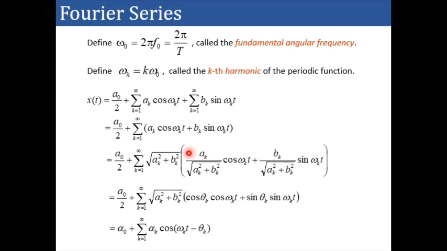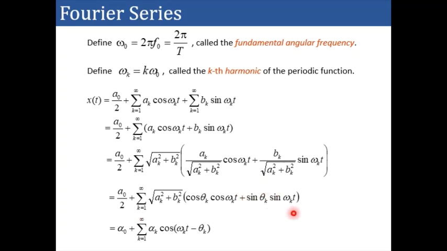Now let's assume that the first coefficient is equal to cos theta_k. Similarly, b_k upon root of (a_k squared plus b_k squared) can be simply written as sin theta_k.